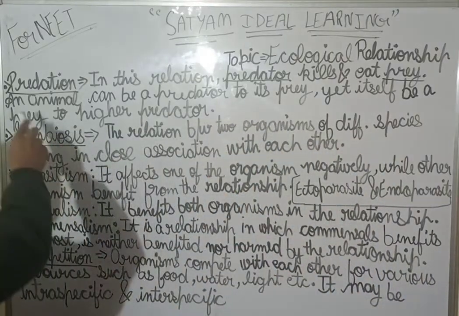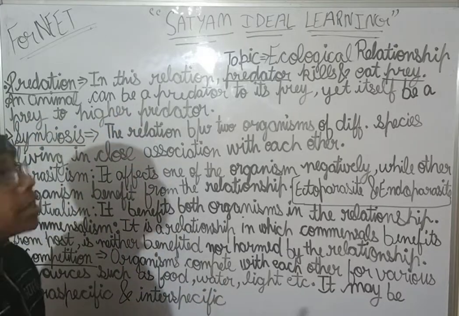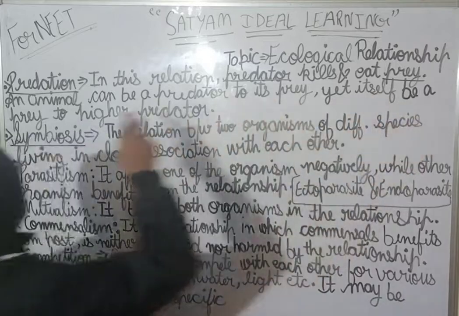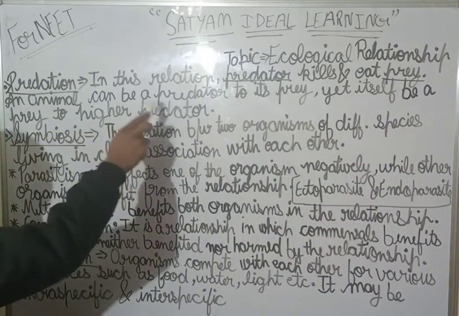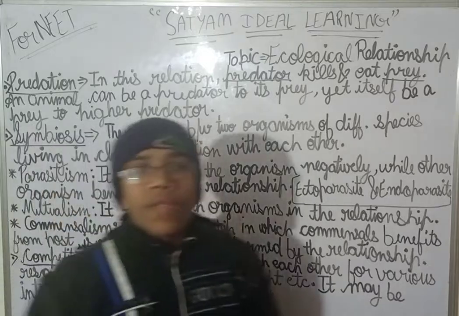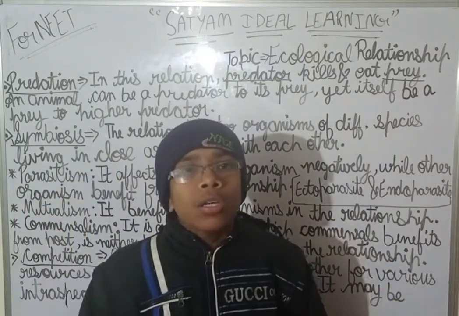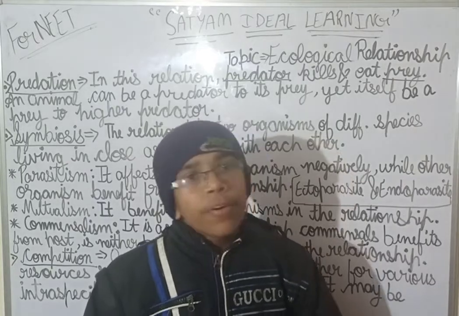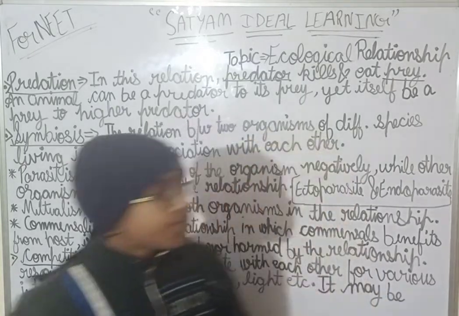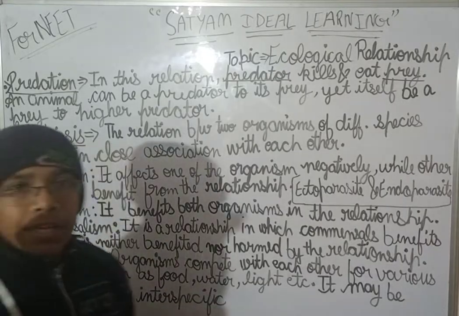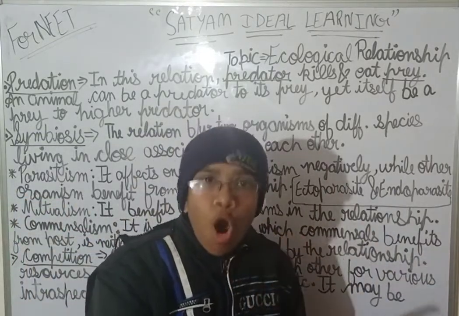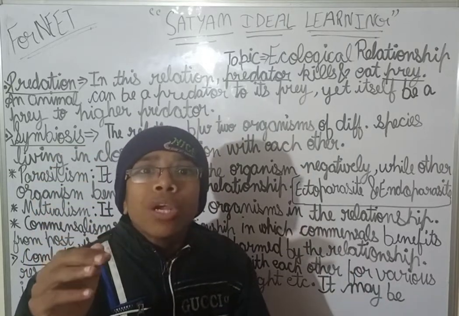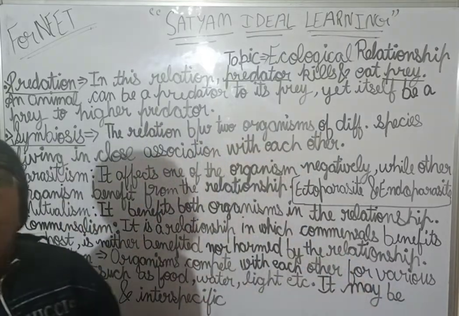Clear this thing? So an animal can be a predator to its prey, yet itself be a prey to a higher predator. In snake and frog, the snake is the predator and the frog is the prey. So if the snake is the predator to its prey, frog, then the snake will be prey to its predator, eagle or hawk.